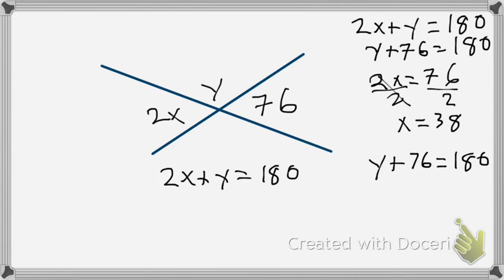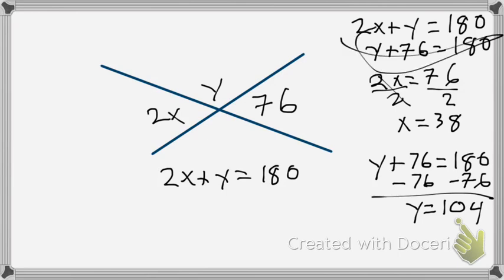So we're going to plug our x in, or we're going to solve for y. So we have y equals 104. That's just this equation right here. And then over on the other one, we're actually going to take that x equals 38, plug that in, and we're back to kind of where we started.